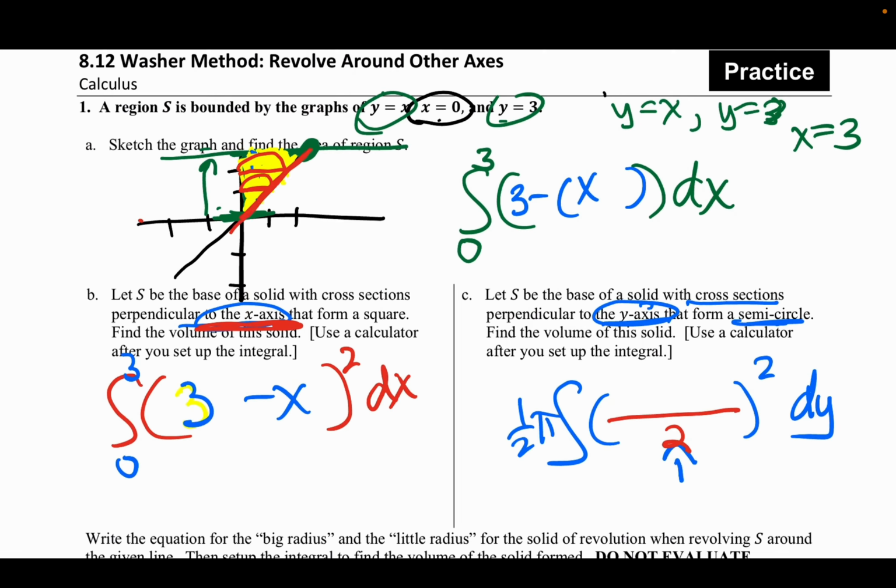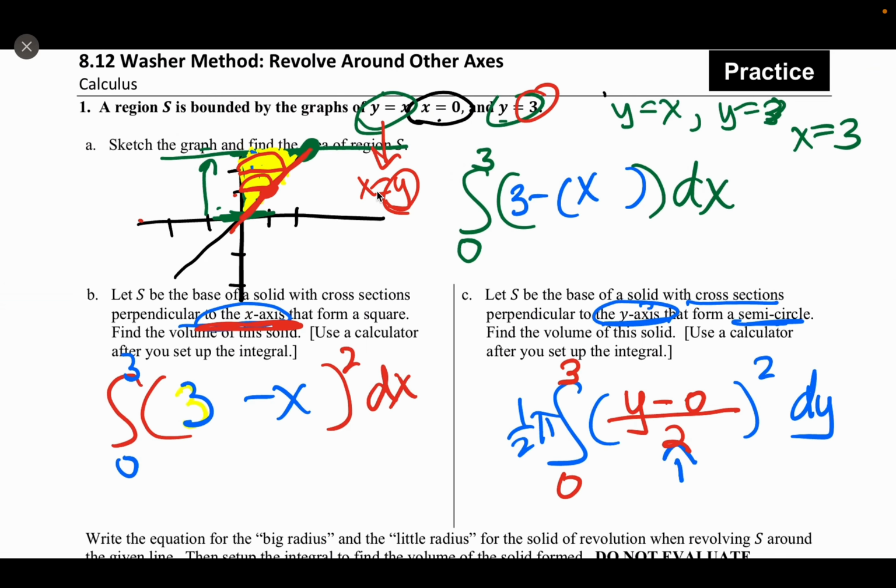So the one on the right is going to be, now instead of y minus x, we want to think of this as x equals y. Instead of y equals x, we want to think of it as x equals y. So I'm going to have y minus 0, and I'm going from 0 to the line y equals 3. So make sure your limits of integration match up there.